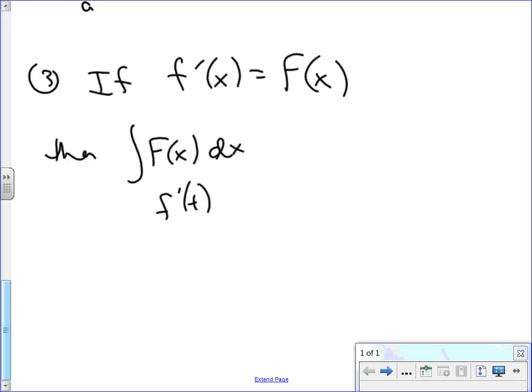And what's the antiderivative of f prime? That's right, Joey. It's the little one. And since this is an indefinite integral or an antiderivative, I need to say plus C.